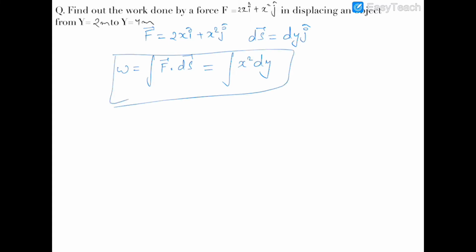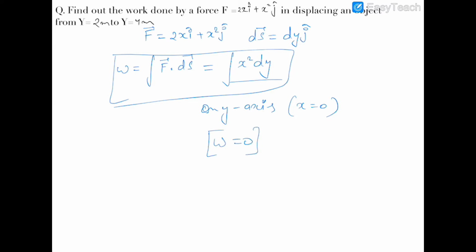term x square dy because the information of the path on which we are moving from y is equal to 2 to y is equal to 4 is not given to us. If it is the y-axis, then x would be equal to 0. So let us assume that I am moving on the y-axis. So on the y-axis x would be equal to 0, therefore the work done will be equal to 0.